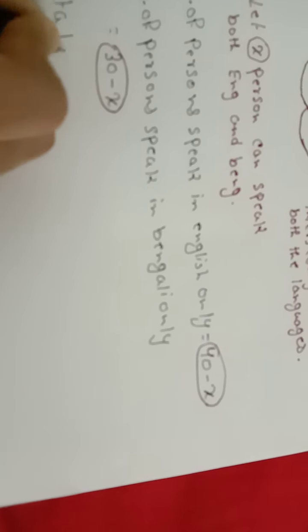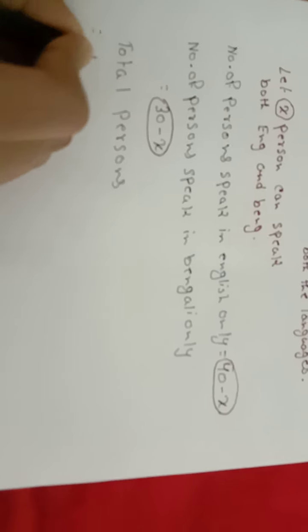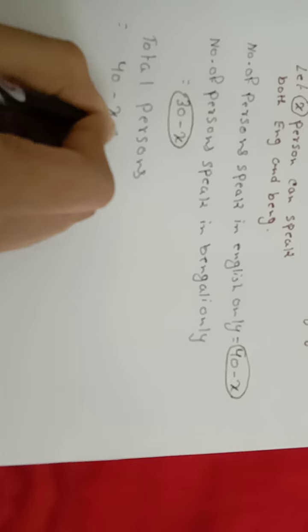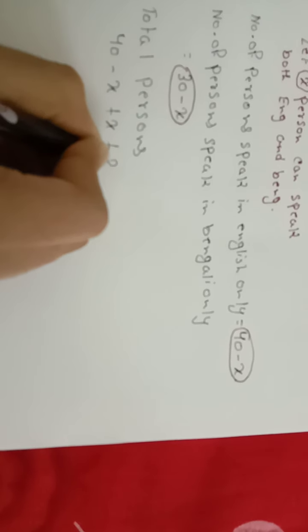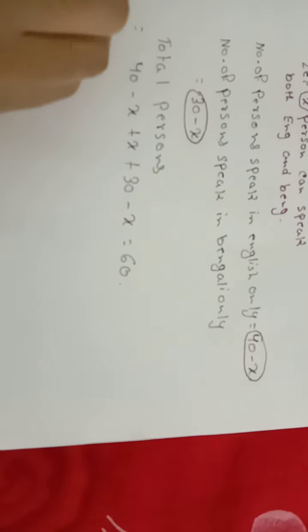Means total persons equal to 40 minus X plus 30 minus X equal to 60.